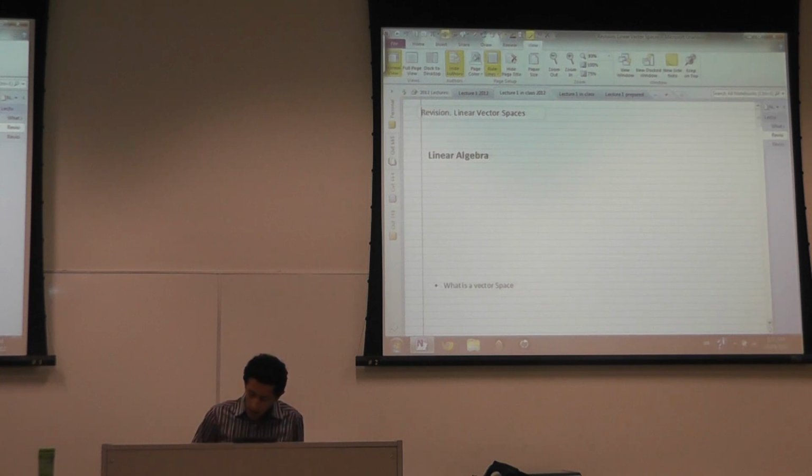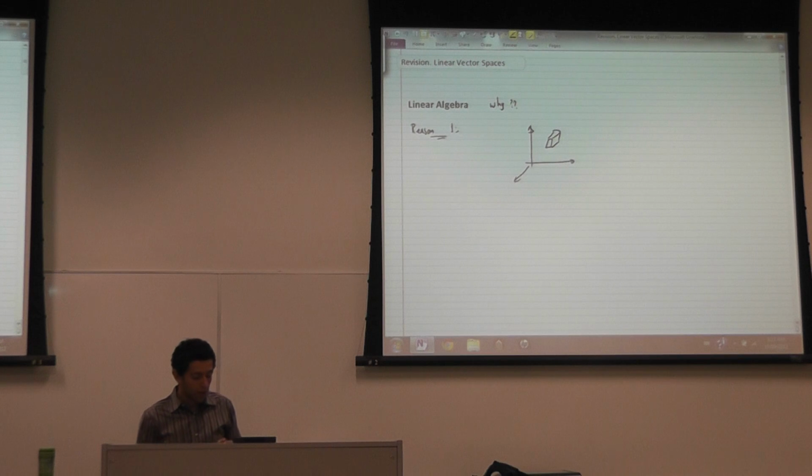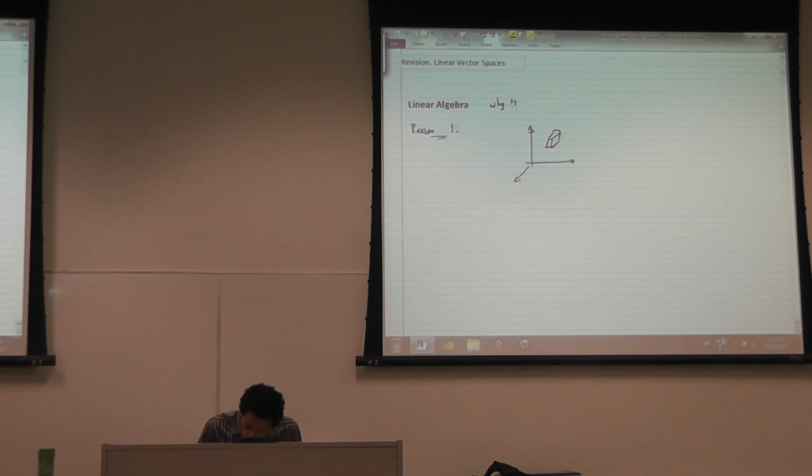So why study linear algebra in the first place? For different reasons. Reason one, because in finite element analysis I have objects in space, so I'm inputting objects in a three-dimensional vector space, so I need to know how I can represent all those points. All those points are represented by vectors.